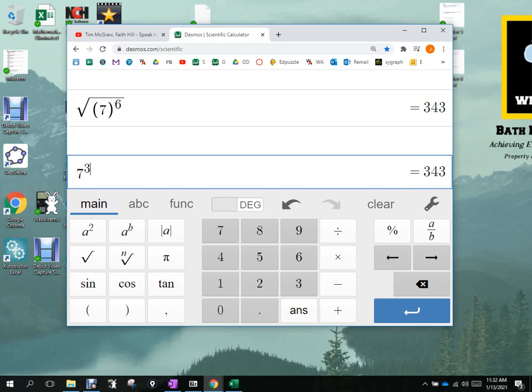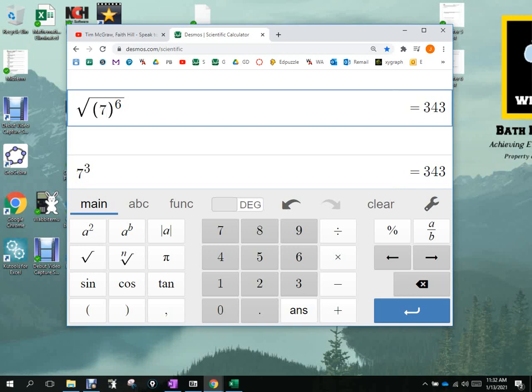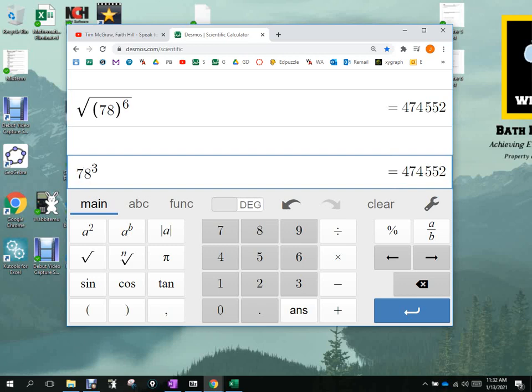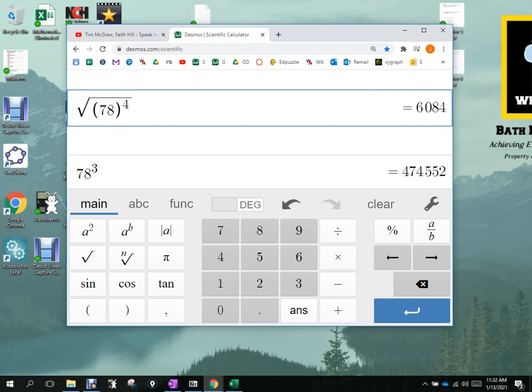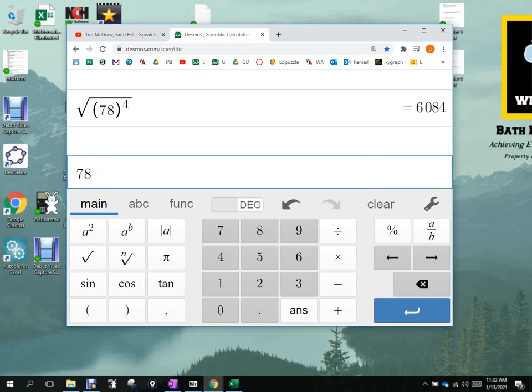So what are we seeing? If this is 7, I get that number right there. So then 7 to the 3rd should give me the same thing, right? 6 and 3 are half of one another, right? We were seeing 4 and power 2 being half of one another, right?